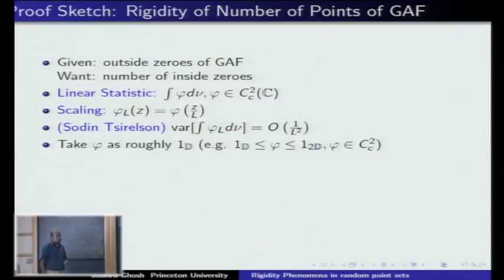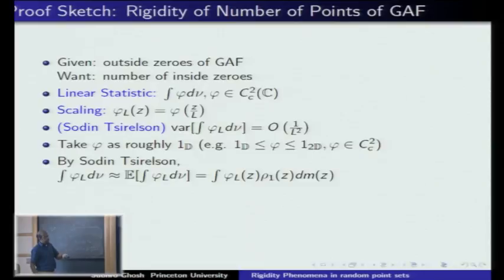Given the outside zeros, we can compute this. So if we knew this, then we could compute this and recover the number of points. Of course, we cannot do it for phi on the nose, but we can take scaled versions of phi and apply this for the scaled functions. By this variance drop lemma, the variance of the integral of phi d nu is very small, so we can roughly approximate it by the expectation.